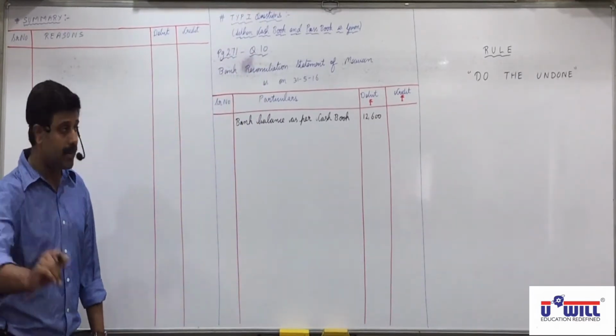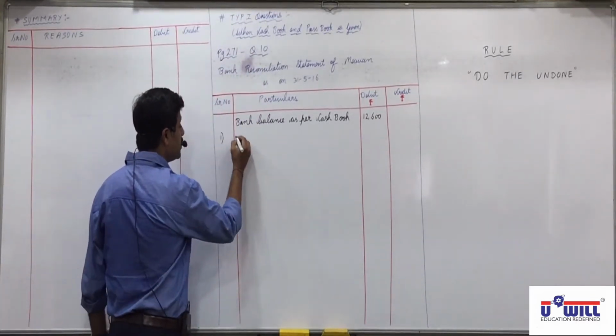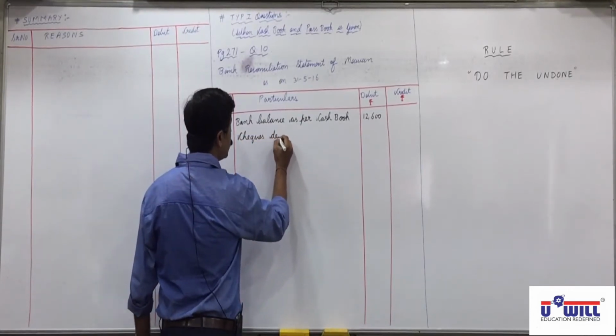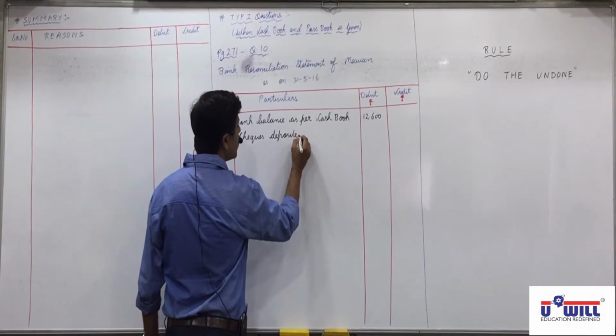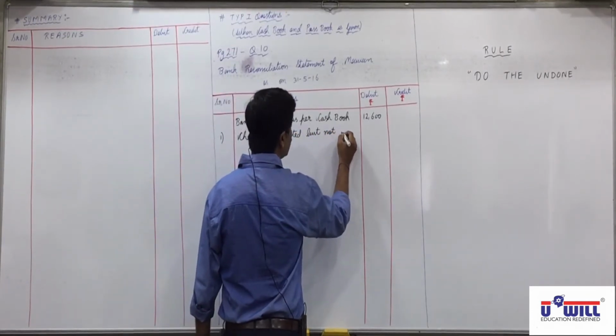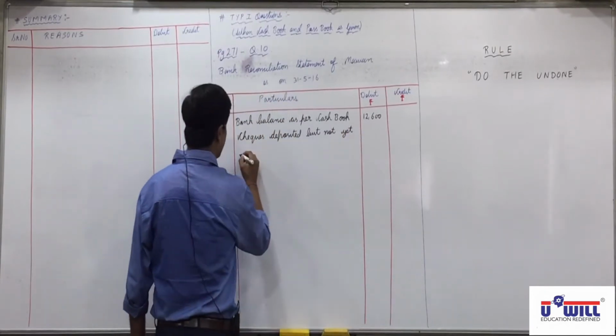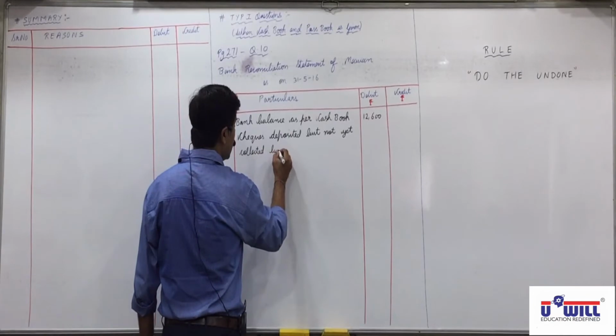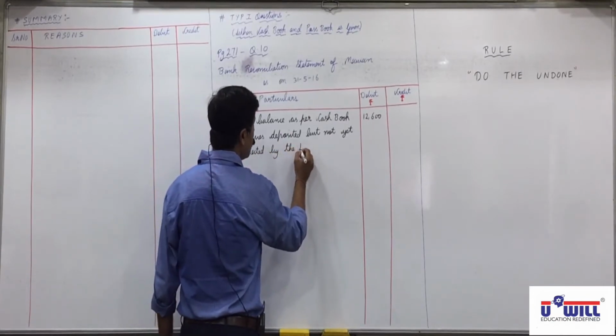Able to understand this? And the first reason of difference: checks deposited but not yet collected by the bank.